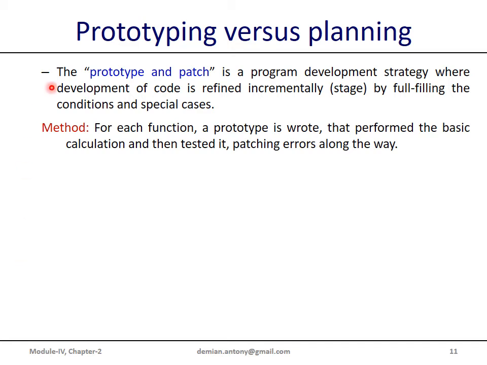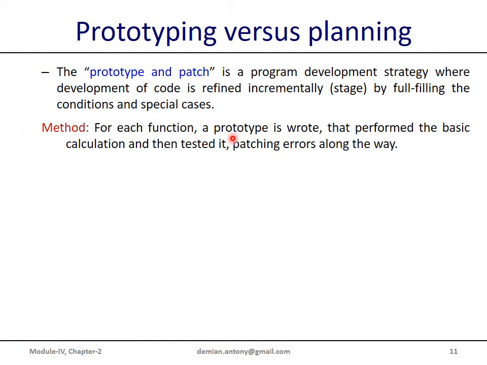To summarize, prototype and patch is a program development strategy where the development of code is refined incrementally, stage by stage, by fulfilling the constraints and special cases. The method used in prototype and patch is writing a function. How do we write a function?